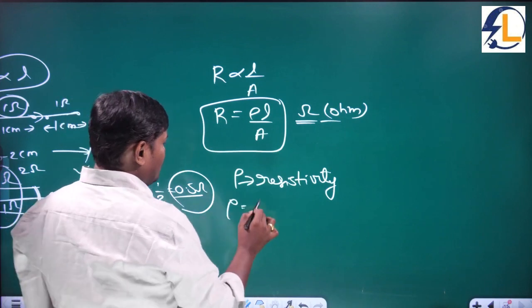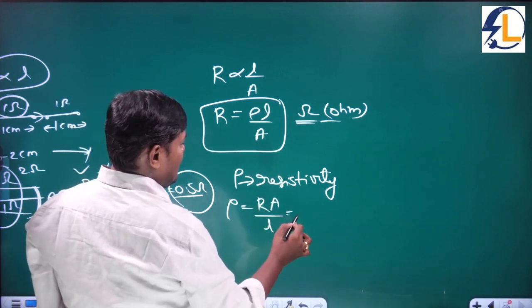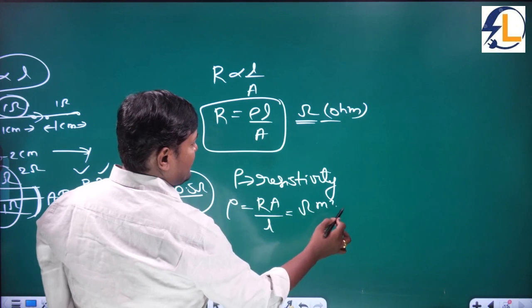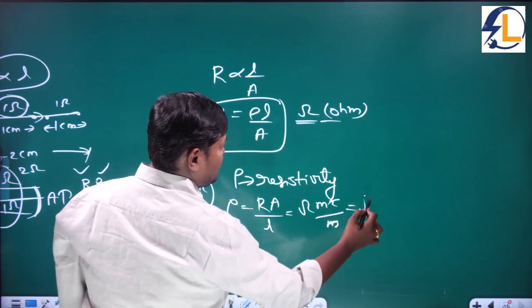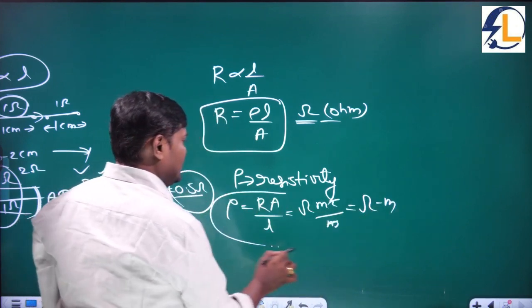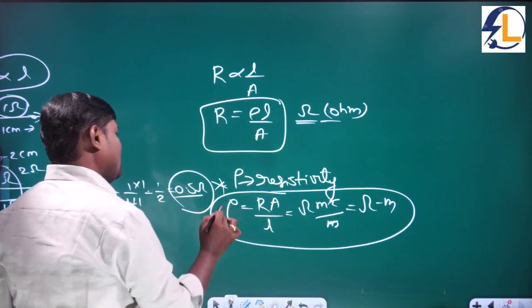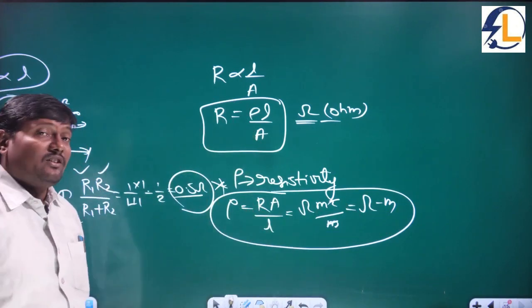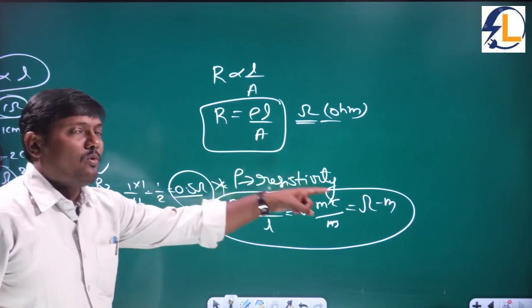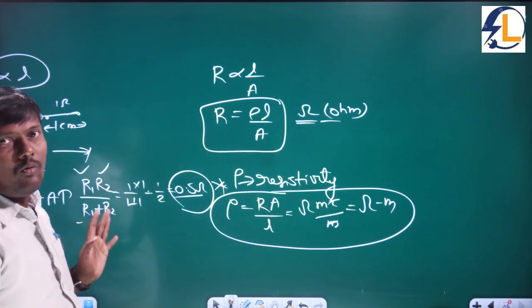The resistivity rho is equal to RA by L. So ohm, area units are meter square, length units are meter. This is very important. Units of resistivity are very important in an objective bit. Resistivity units are ohm meter, resistance units are ohm.